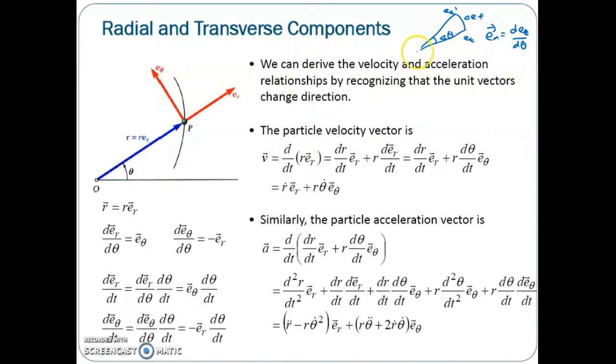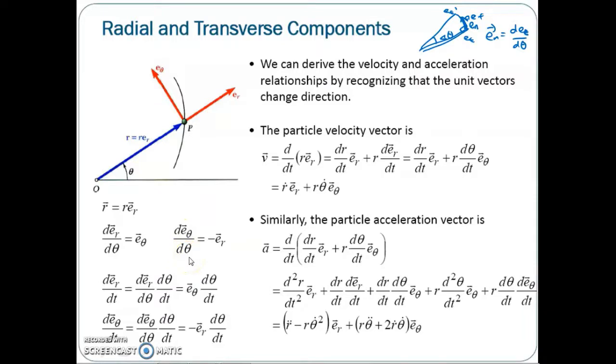So when delta theta is approaching 0, then it is normal or perpendicular to our e_t, and that is our e_n. So making use of these relationships, we can build the relationship between e_theta with the e_r, d theta, and e_r with the relationship of de_theta, d theta.